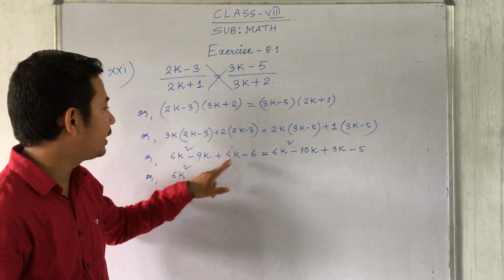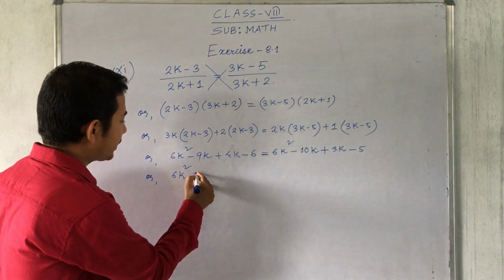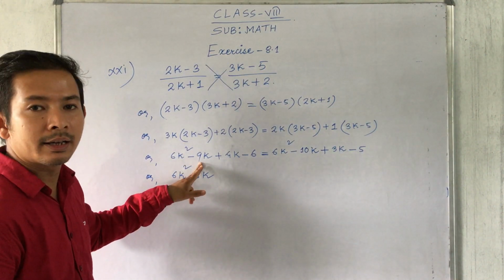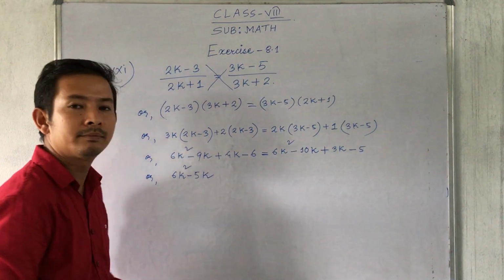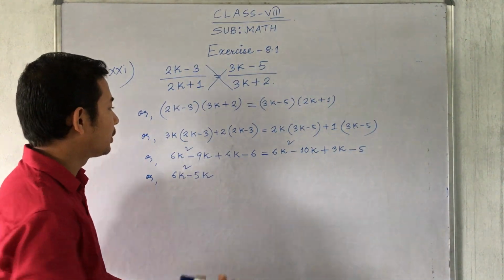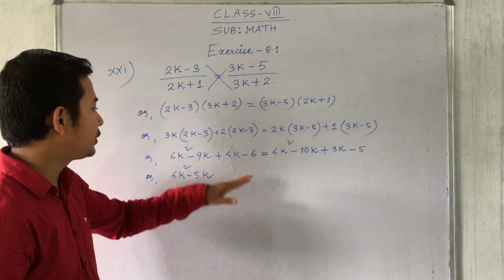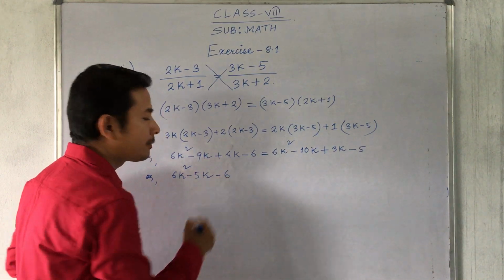After subtracting 4k from 9k, how many k left? 5k. But one thing you must remember, 9 is the greater number, so in front of the greater number there is minus. Understood? Very simple. There is negative 6. This is a negative constant. Is there any constant? No. So write minus 6 as it is.